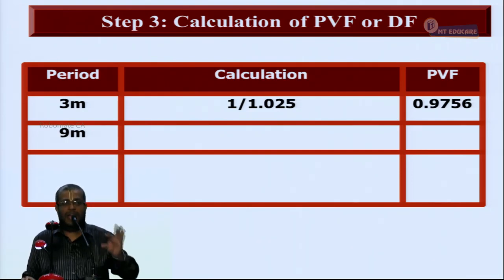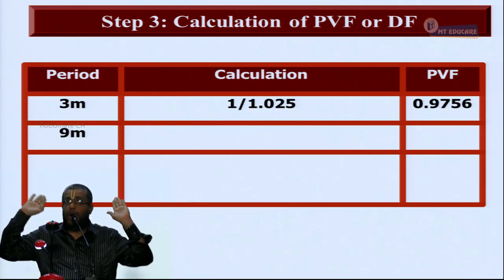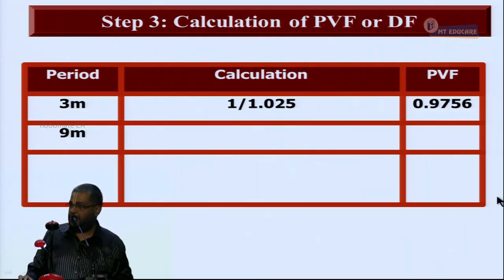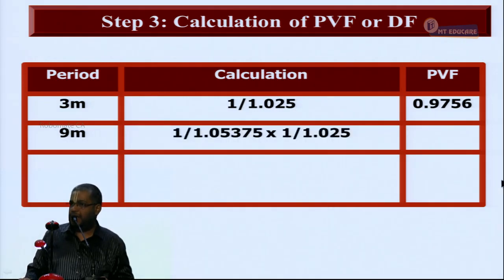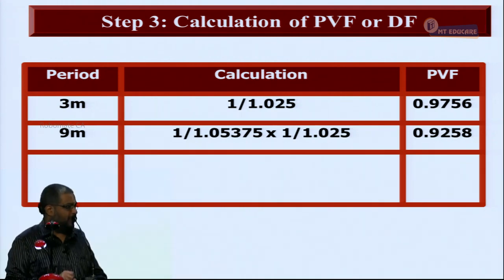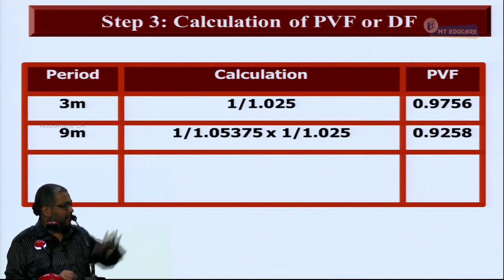Tell me the calculation: 1 by 1.05375 brings the ninth month to the third month, into 1 by 1.025 brings the third month to month 0. So the number is 0.9258. Check the calculation. Are you all following?